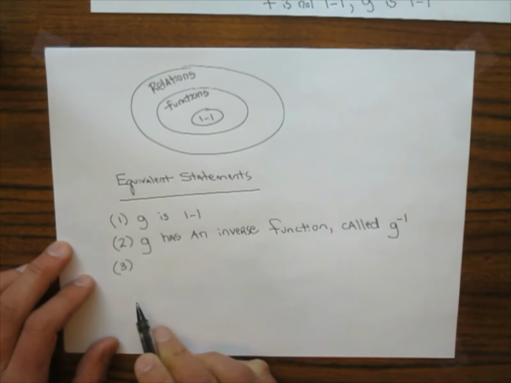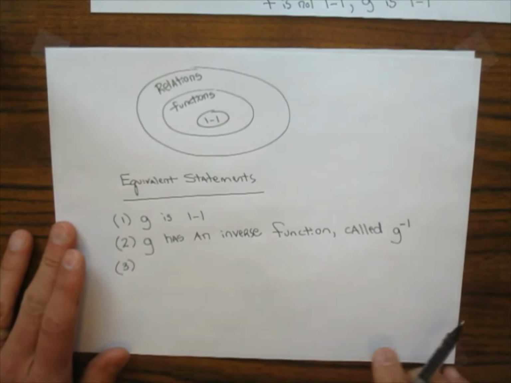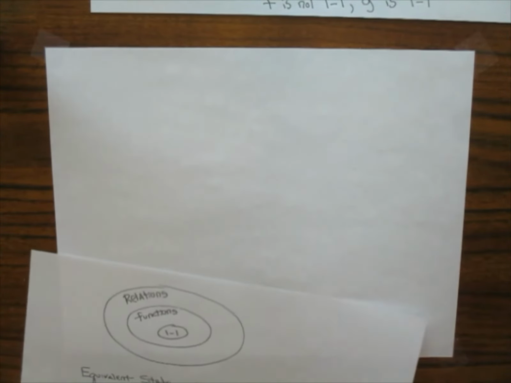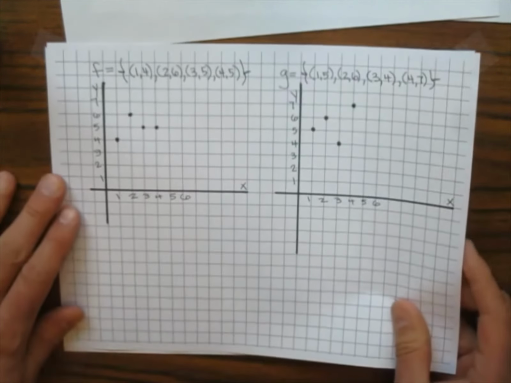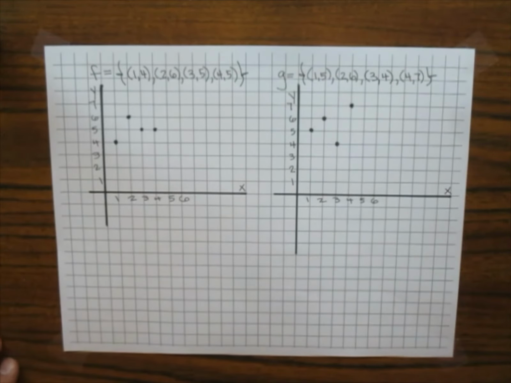And the third statement we're going to make, we'll come back to this, so I'll put this sheet back up. Okay, let's take a look at F and G again. So remember that F was not one-to-one, and G is.